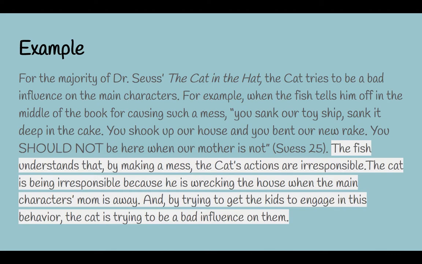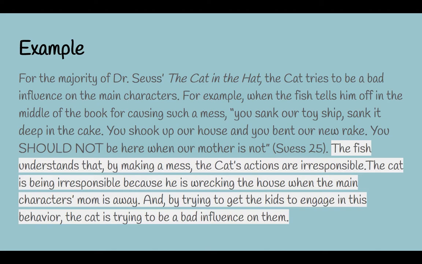This is my example so far. After my quote, I said, "The fish understands that by making a mess, the cat's actions are irresponsible. The cat is being irresponsible because he is wrecking the house when the main character's mom is away. And by trying to get the kids to engage in this behavior, the cat is trying to be a bad influence on them."